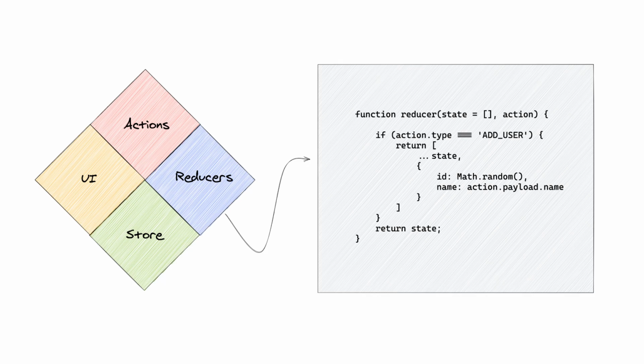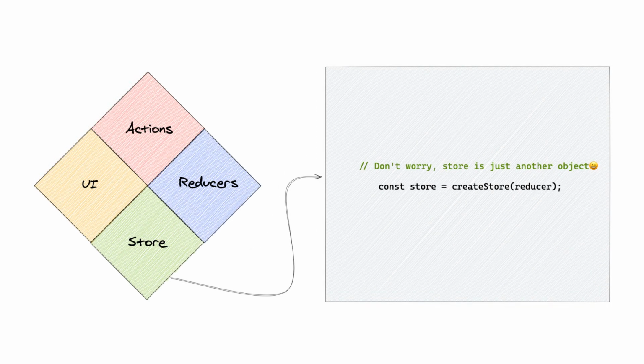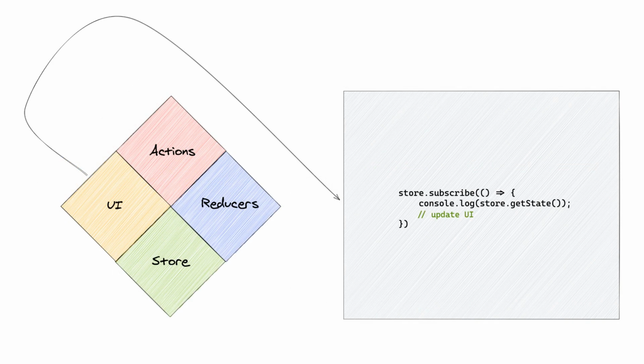It takes two parameters, action and current state, and it returns a new state based on the action type and payload. Then we have the store. The store is again a simple JavaScript object which contains our complete application state. Finally, we have the UI.